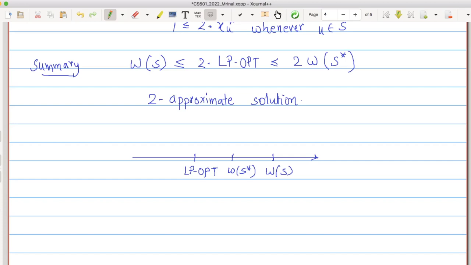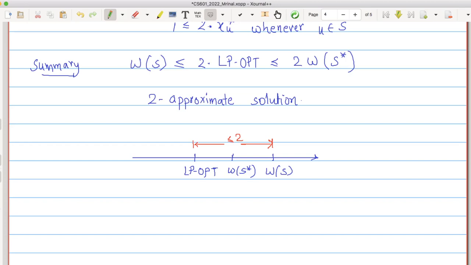But what we are showing is that the gap between LP optimal and our solution S is not too much, right? So we showed that this is at most twice. In terms of multiplicative factor, we showed that this gap is at most 2.